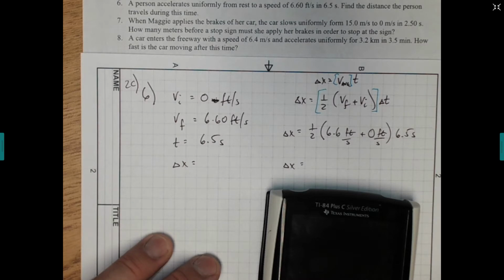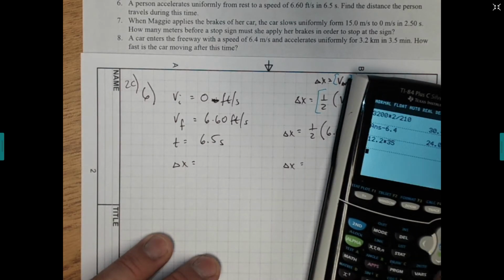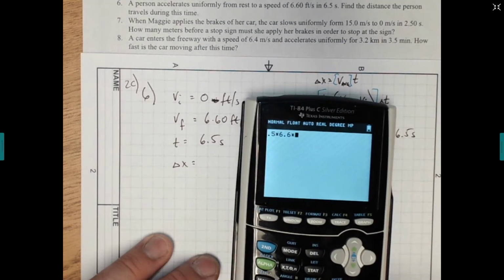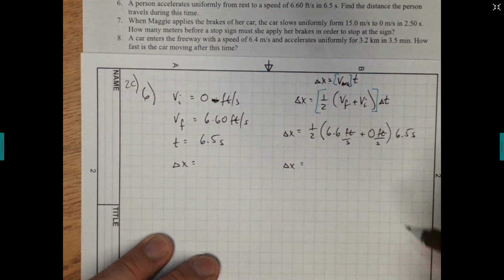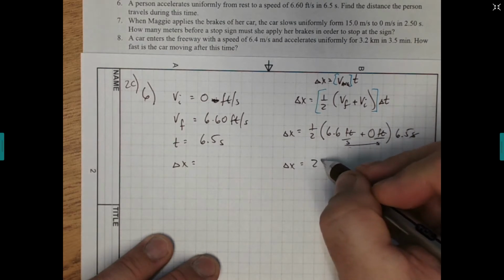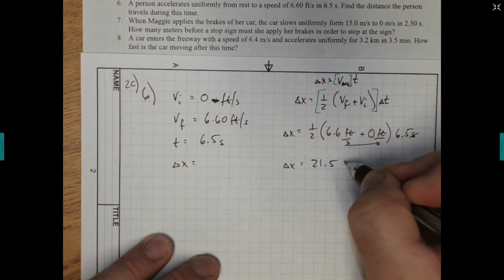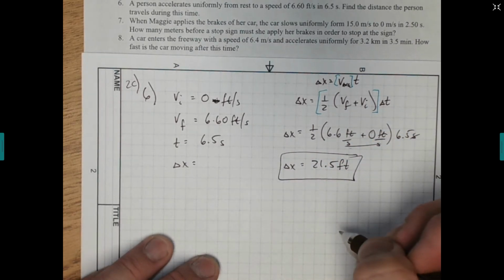So 1/2, which is the same as 0.5, times 6.6, times the 6.5 seconds, and we get 21.45 feet. As you notice, the seconds cancel and we end up in just feet. So 21.45, I'll just call it 21.5 feet. That's it for number 6.